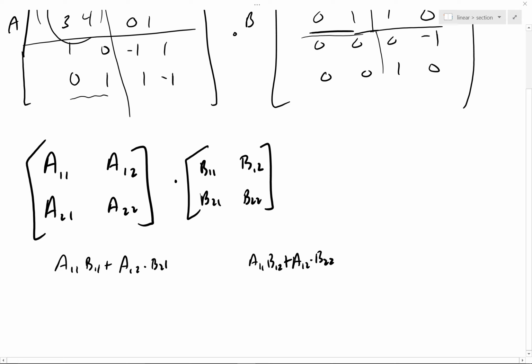Plus, it's plus. And on the bottom row, you're going to have A21 times B11, so this times that, plus A22 times B21. And A21 times B12 plus A22 times B22.